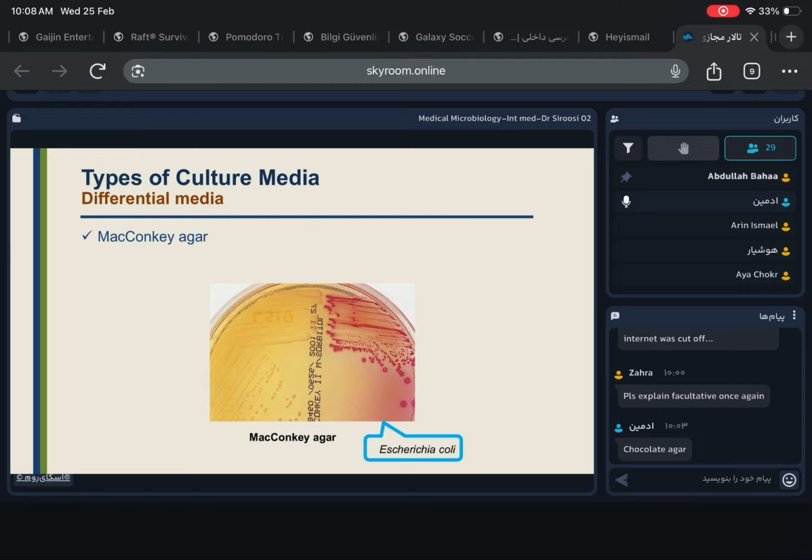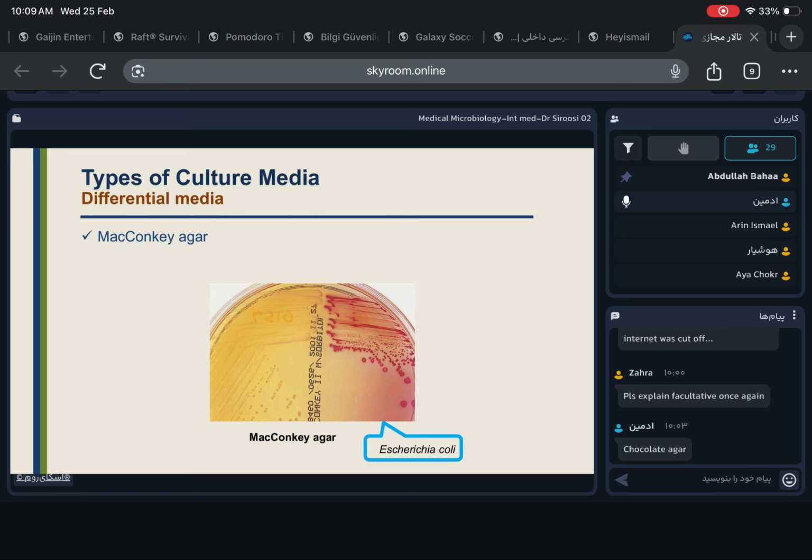MacConkey agar. So MacConkey agar is a selective culture medium. It inhibits the growth of gram-positive bacteria, so only gram-negative bacteria are able to grow, like Escherichia coli. Also, it is a differential culture medium, so it means that there are some ingredients inside this type of culture medium, and these ingredients help to differentiate between bacteria.